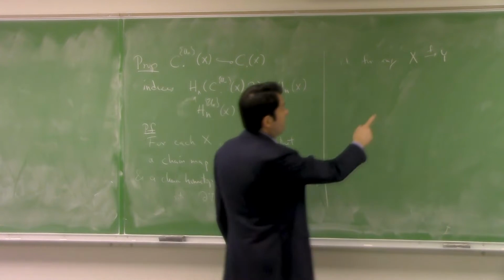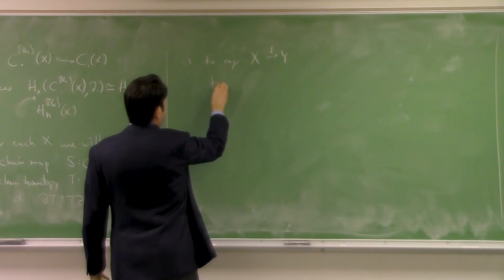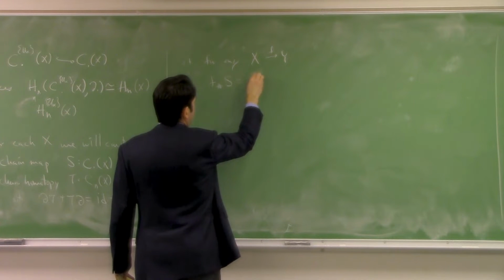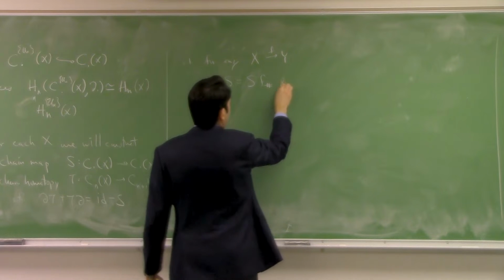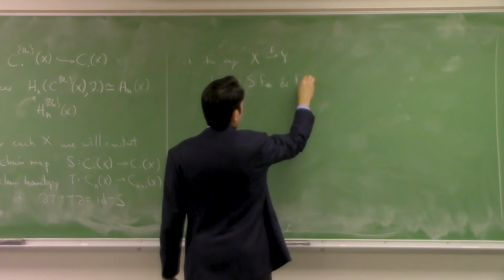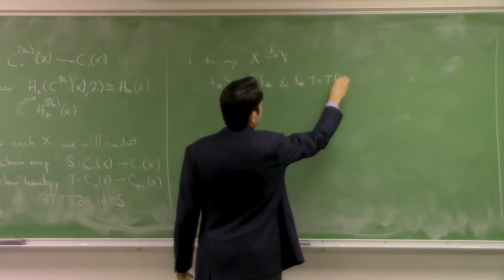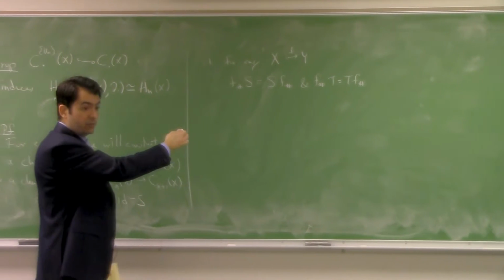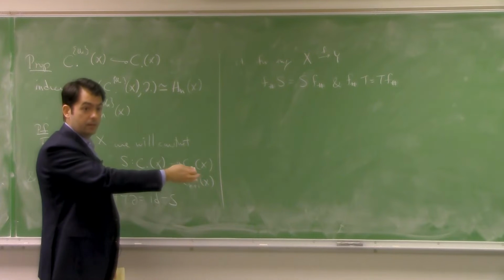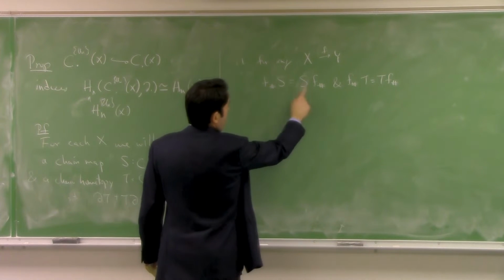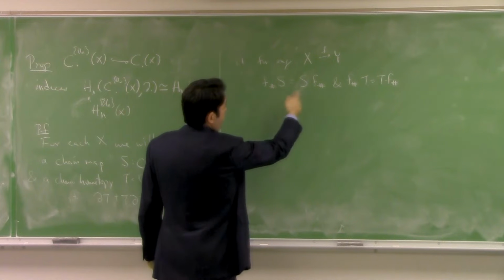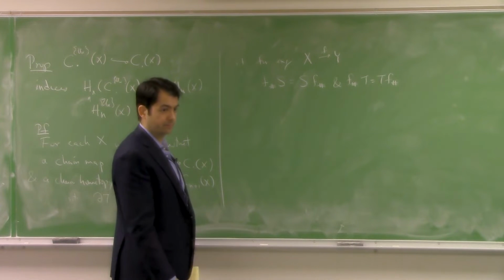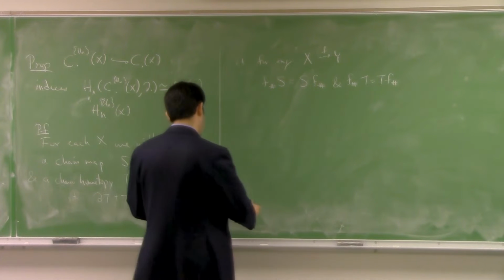What that means is that anytime you have a map, the induced map intertwines the two copies of S and the two copies of T. So it doesn't matter if you subdivide and then map to Y, or subdivide when you're mapping into Y. The map will take one way of doing it to the other way of doing it.